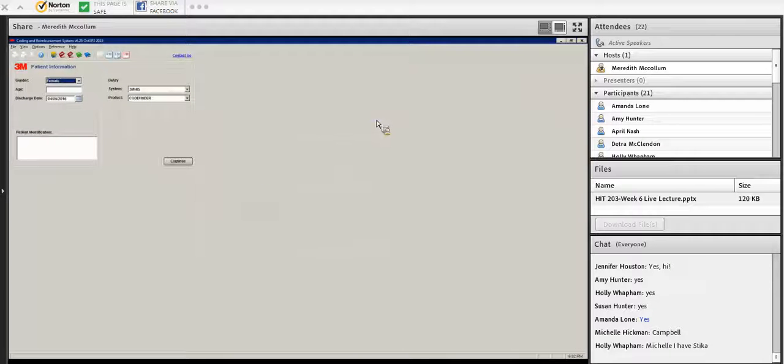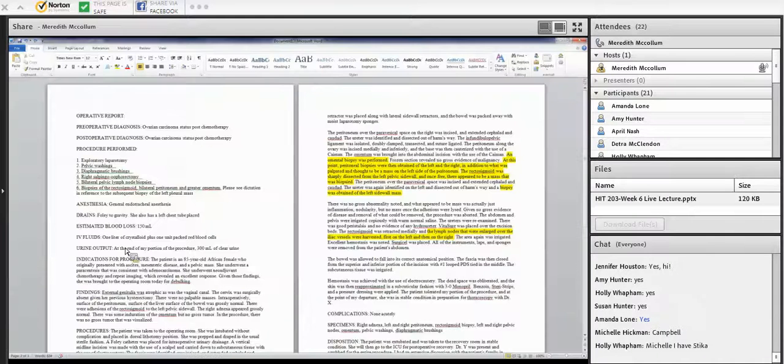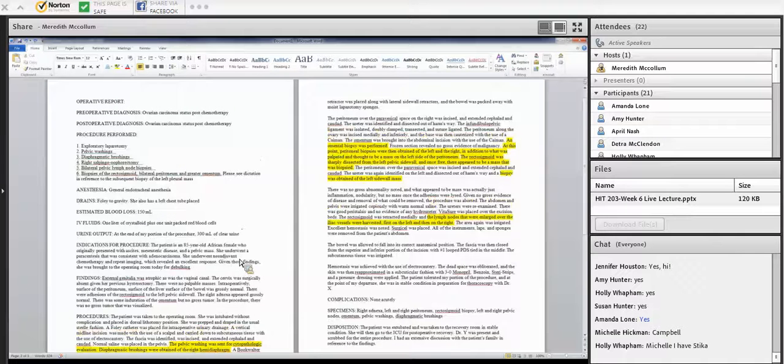All right, so what I did this week was I cut and pasted the coding roundtable into a Word document just so I could highlight it and show you guys a few things. He or she lists all of these different procedures. First off, you have to read what's in the body to ensure that it was actually done.